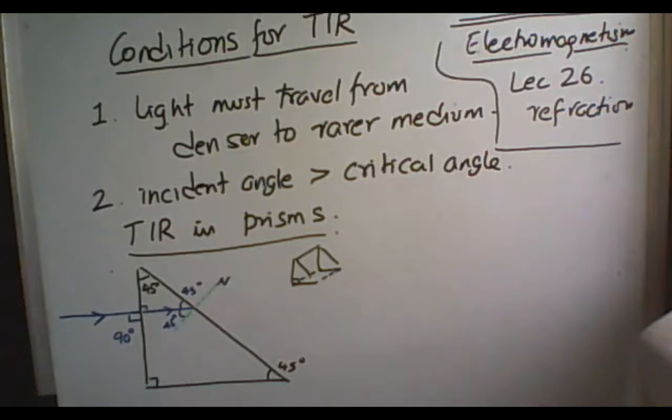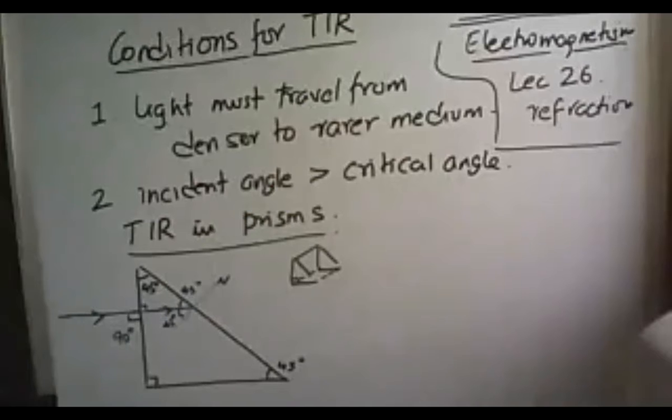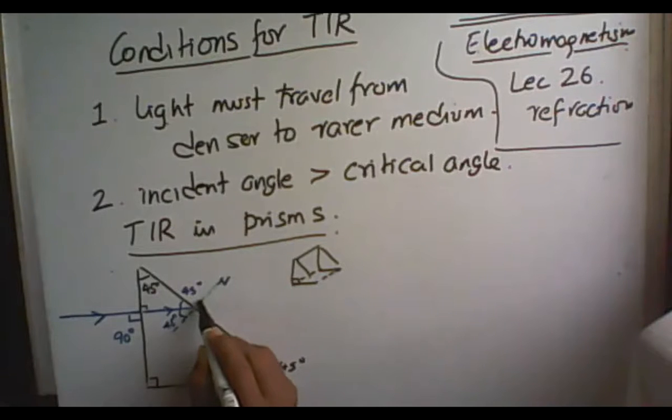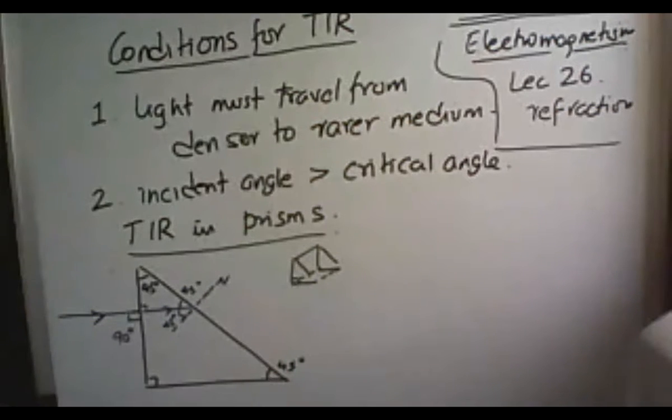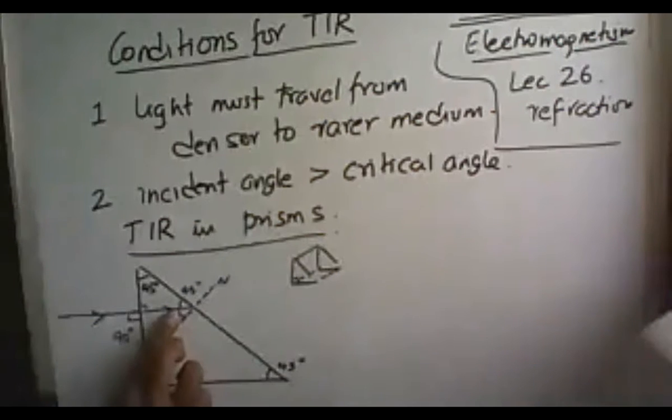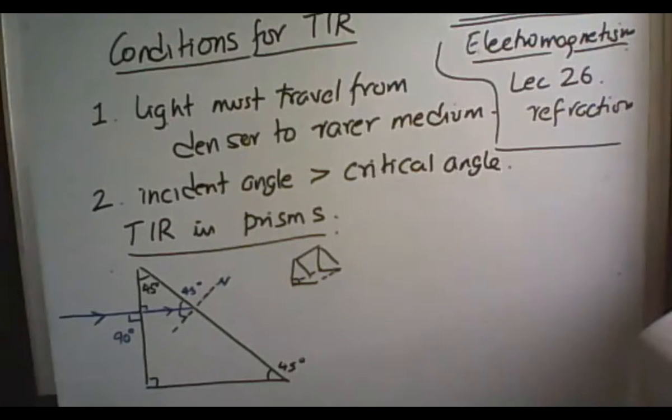Is this clear? The normal isn't visible. Somebody made off with my green marker, so I'm stuck with a dud green marker. I'll get another one by tomorrow. Maybe I'll write this angle a little larger. So therefore this angle is also 45 degrees.